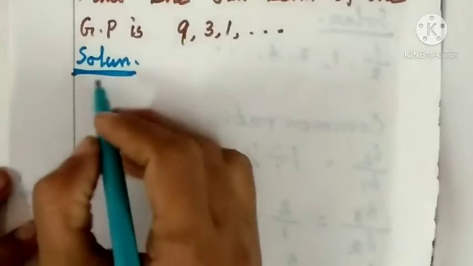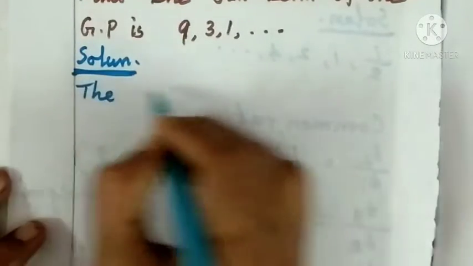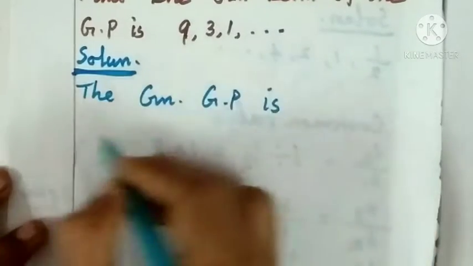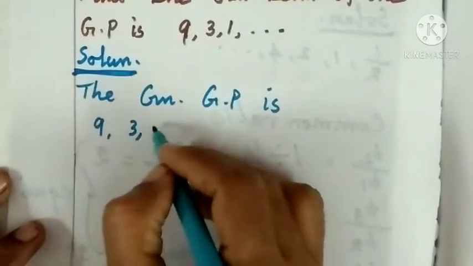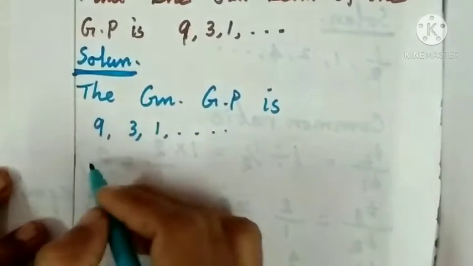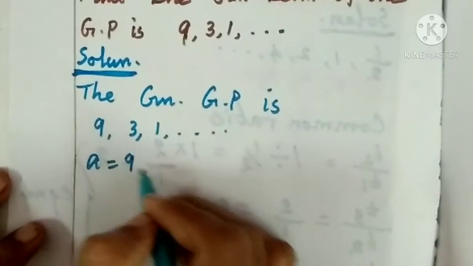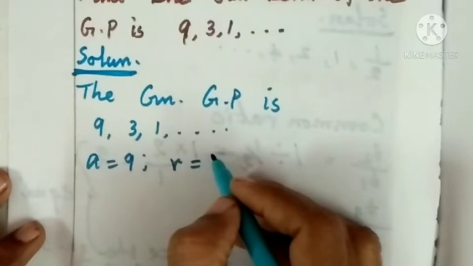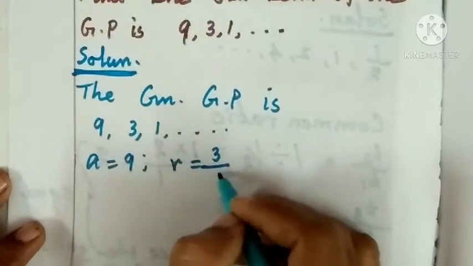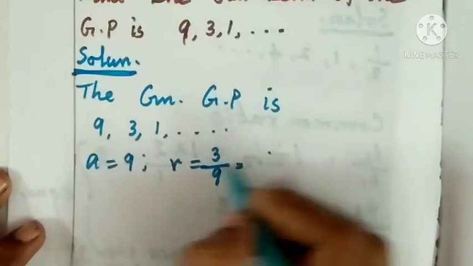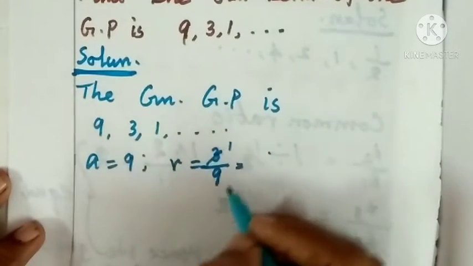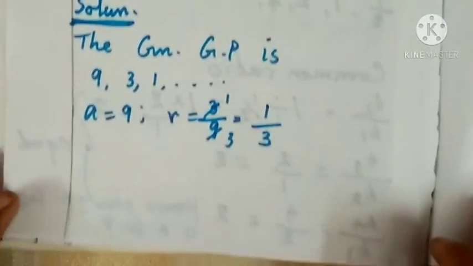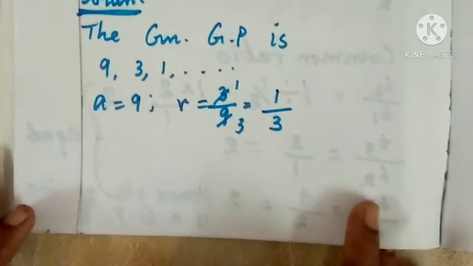First you take down and write the given GP. The given GP is 9, 3, 1 and so on. Here a is equal to 9 and common ratio r is equal to T2 divided by T1, that is 3 by 9, which is equal to, cancelling by 3, 1 by 3. Therefore, the common ratio r is 1 by 3.